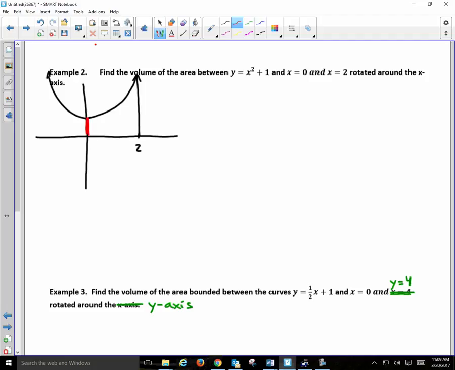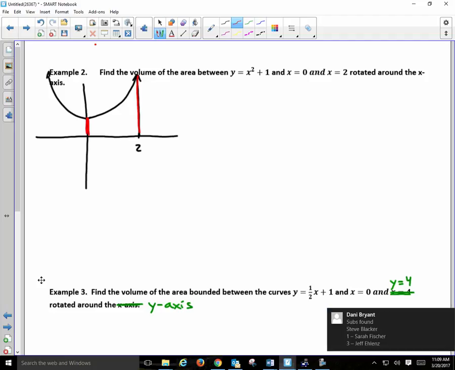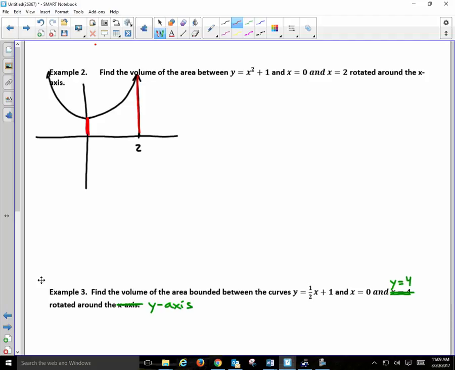So we're going to bound it from there over to x is equal to 2. It says we're going to rotate it around the x-axis. So I'm going to spin it down like so. So I'll draw what part of that would look like.